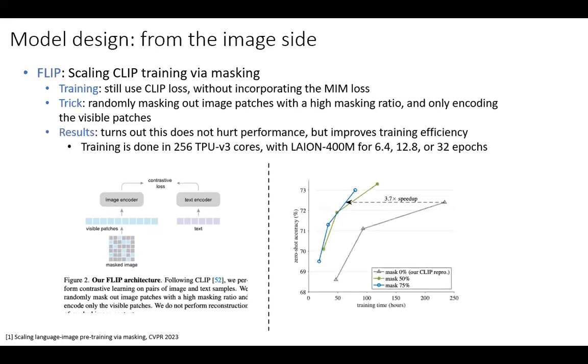The idea is very simple and it's more like a trick, right? Given the image as your input, you are not going to encode the full image, but rather you randomly mask out the image, like what you do in MAE or MIM, and then do the original CLIP training. After doing this, the authors have shown that it doesn't hurt performance, and actually it can improve your training efficiency by a lot.